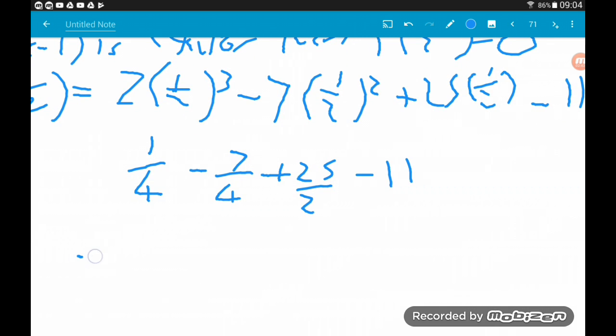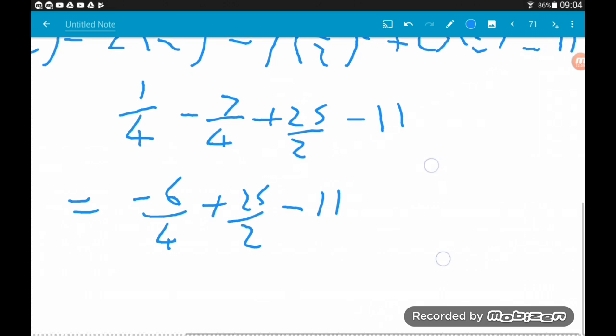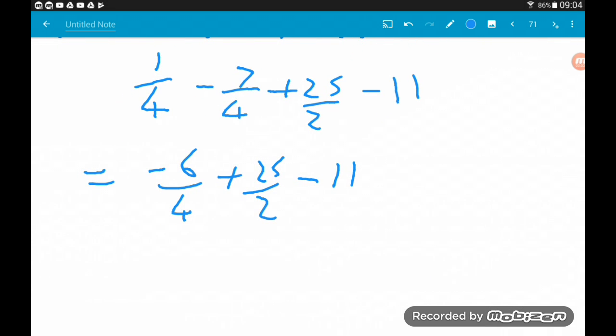Now, 1/4 minus 7 quarters is minus 6 quarters, plus 25 halves minus 11. Minus 6 quarters is minus 3 halves. So we've got minus 3 halves plus 25 halves minus 11.